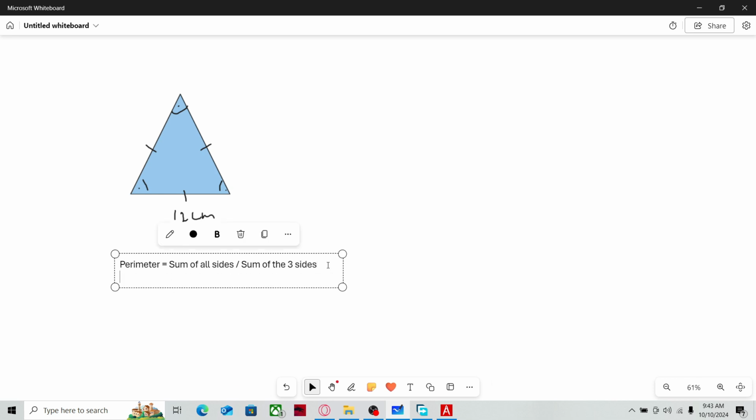So you have 12 centimeters, right? Since all of the sides are equal, it's going to be 12 plus 12 plus 12, and your answer would be 36 centimeters.